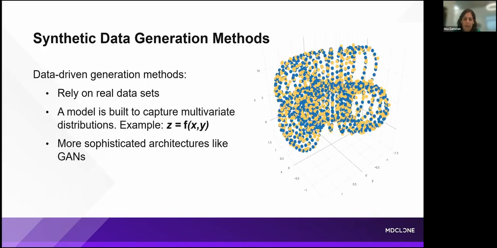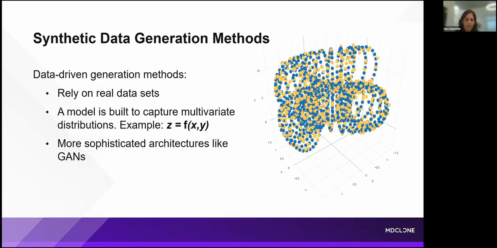The other family of methods, which are real data-driven, rely on real data sets collected from real patients for the generation of synthetic patients. Now, a model is built which captures the multivariate distributions and relationships between variables. For example, the plot here shows a nonlinear relationship between X, Y, and Z. The blue dots represent real data, and the yellow dots represent synthetic data.